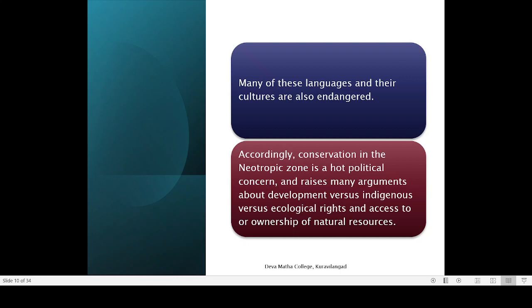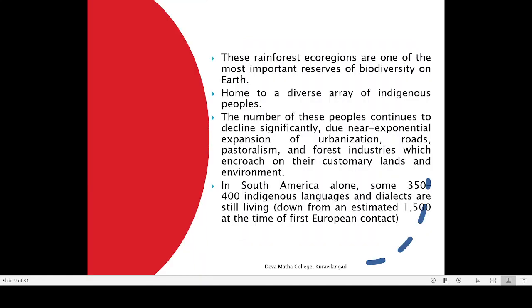Many of these languages and cultures are still in an endangered situation. Accordingly, conservation in the neotropical zone is a hot political concern. Because if you go to South America and say that you want to protect the forest and the grassland, naturally you will come into a strong argument with another group, which is mainly concerned with the forest industries and with making money from pastoralism, converting forest into grassland.